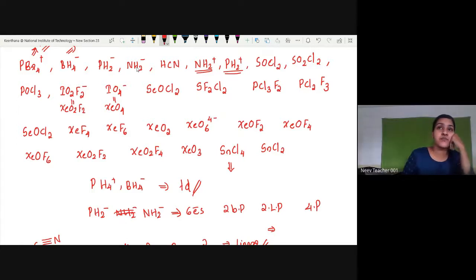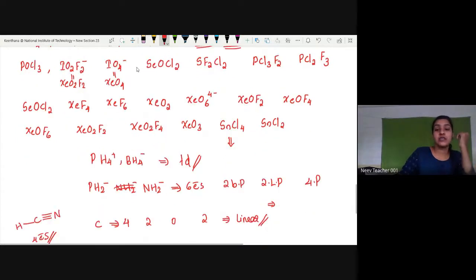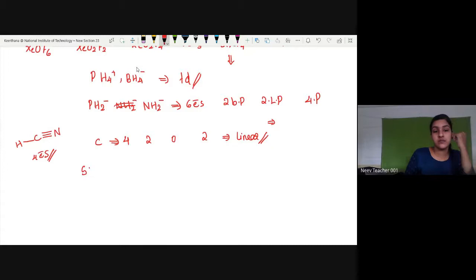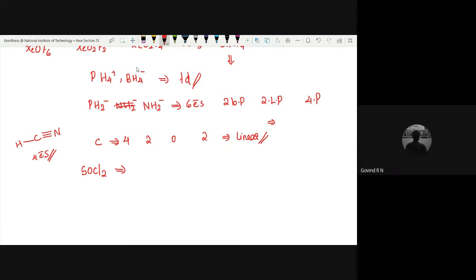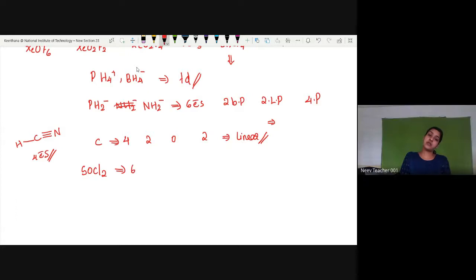SOCl2. What is the shape? Okay, how will you find it? 6 valence electrons, 3 bond pairs.